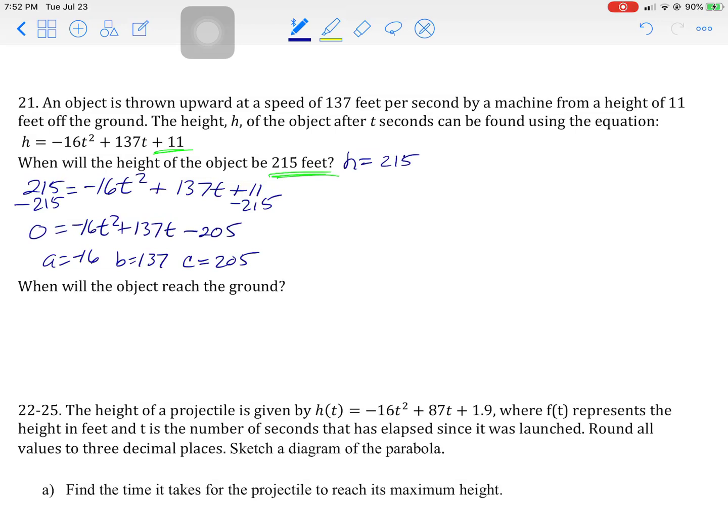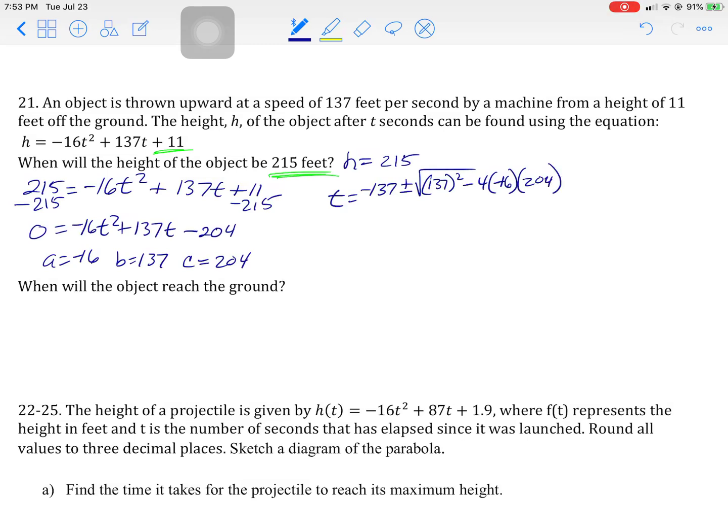Okay, so t is going to equal negative 137. That's the opposite of B, plus or minus the square root of 137 squared minus 4 times A, that's negative 16, and C, which is negative 204.